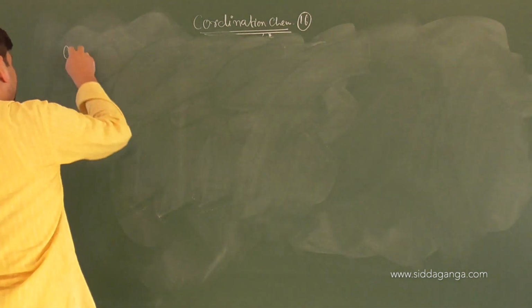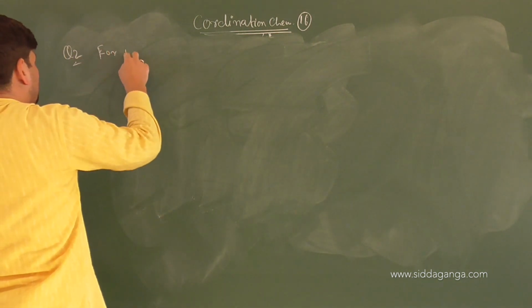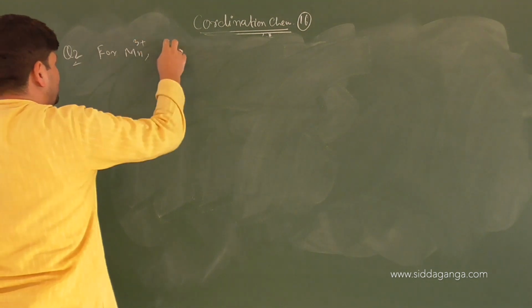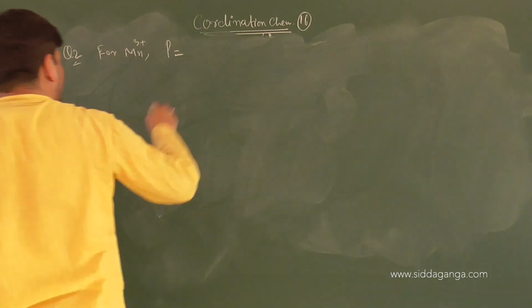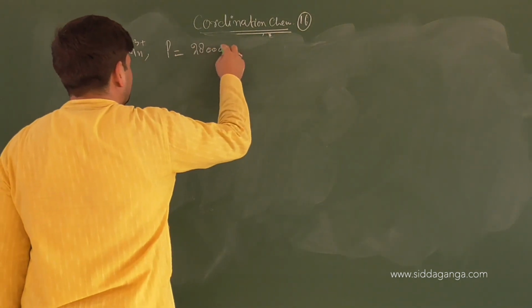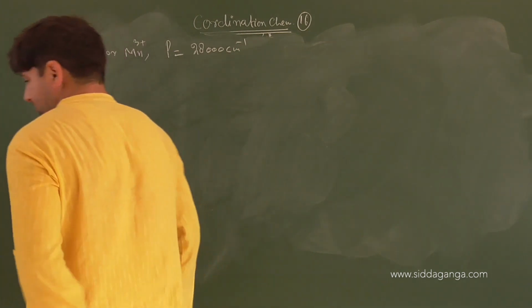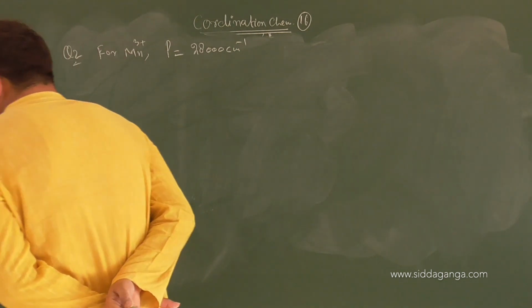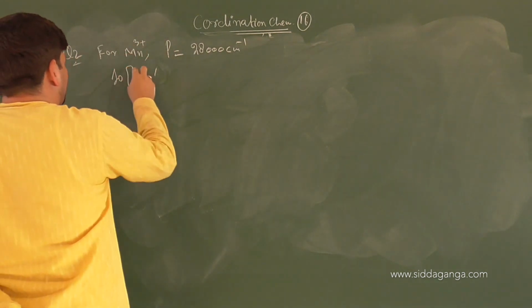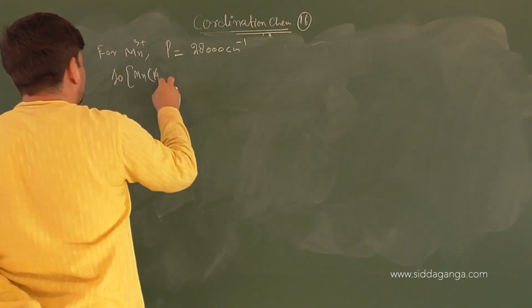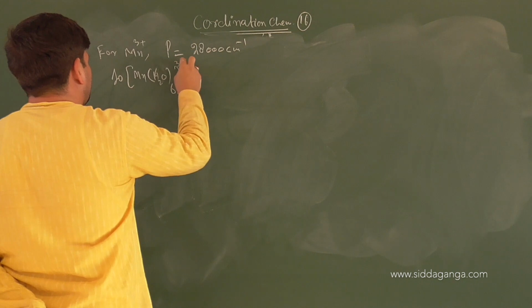Write down the next question, children. Question is, for manganese 3 plus, pairing energy is given. How much is pairing energy given to you? It is 28,000 centimeter inverse. It is given to you. Delta 0 for Mn H2O 6 3 plus is given.